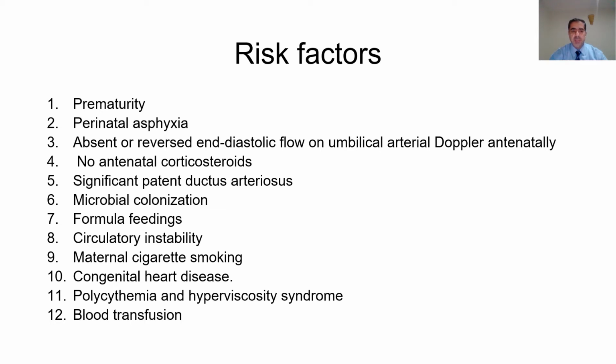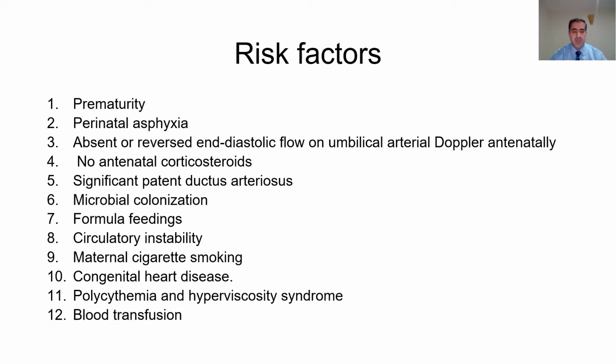Microbial colonization is a risk factor. Formula feeding is a very important risk factor. Circulatory instability, either due to septic shock or the PDA itself, is an important risk factor for necrotizing enterocolitis. Maternal cigarette smoking was associated with increased risk of necrotizing enterocolitis.